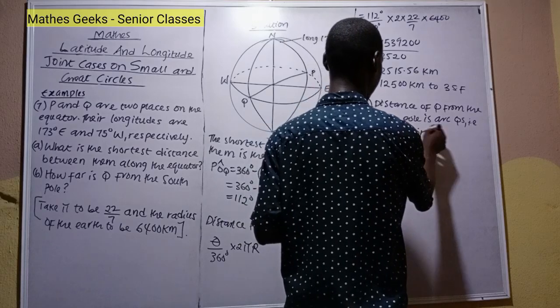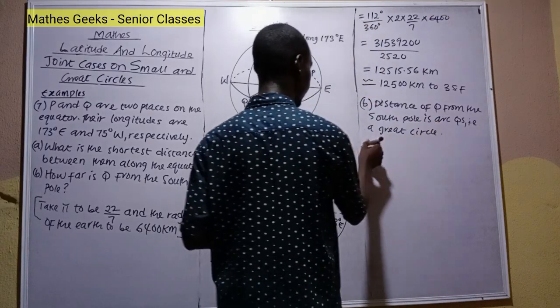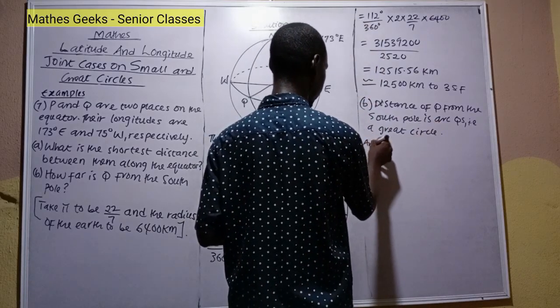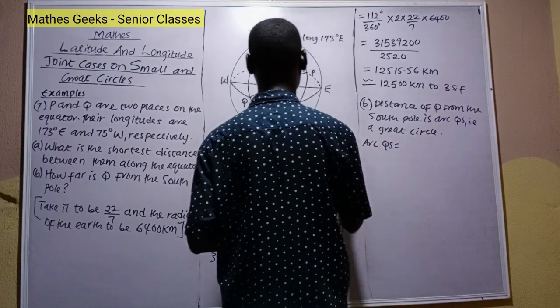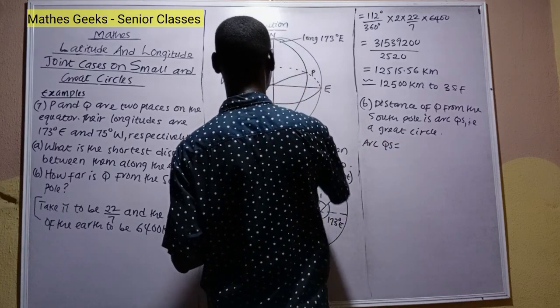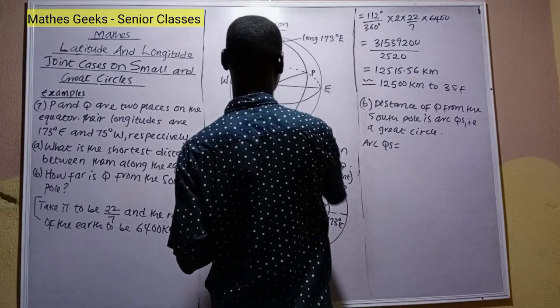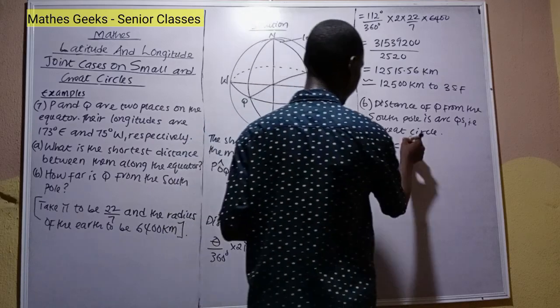So arc QS is equal to theta degrees. From Q to S, measured from the equator, that will give us 90 degrees.